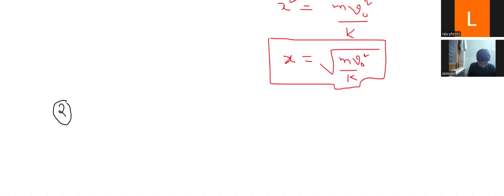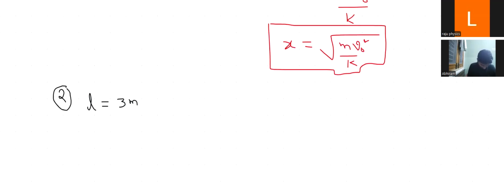The flat part has length L equal to 3 meters. The curved portions are frictionless.